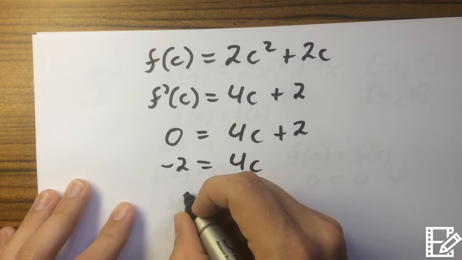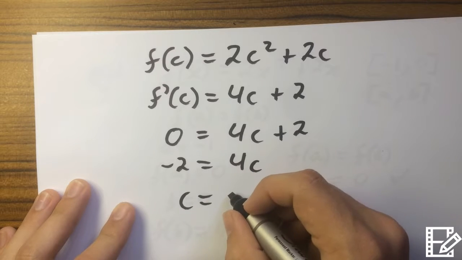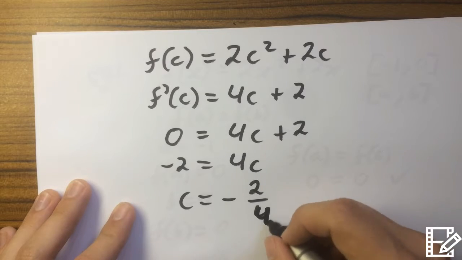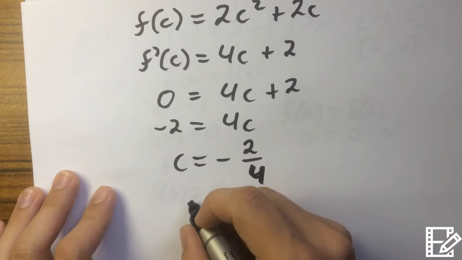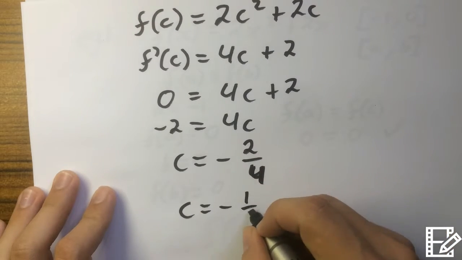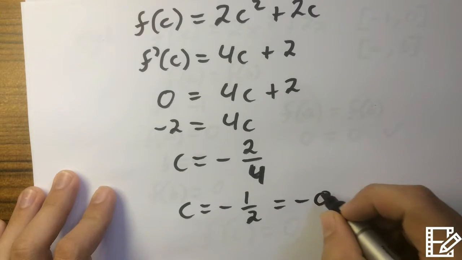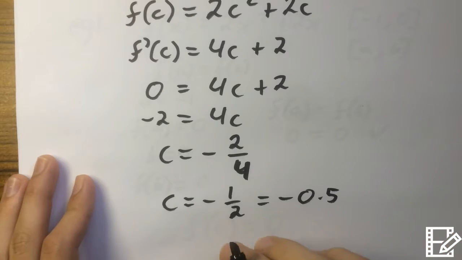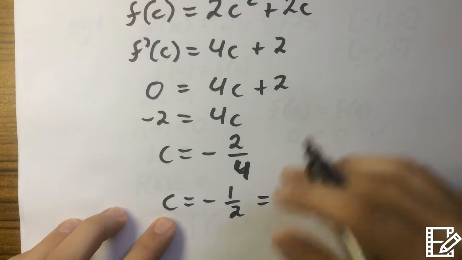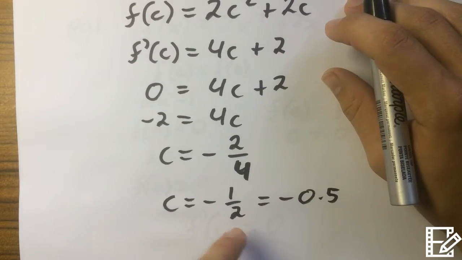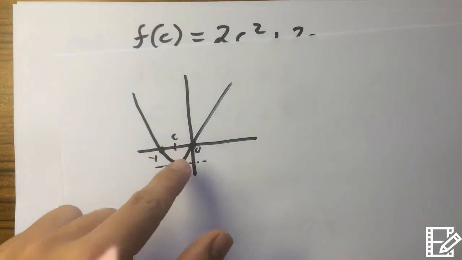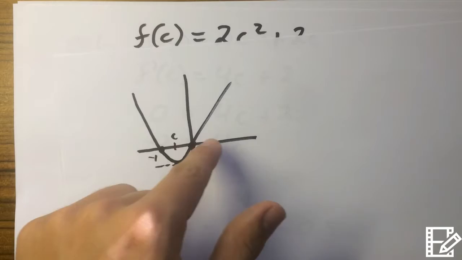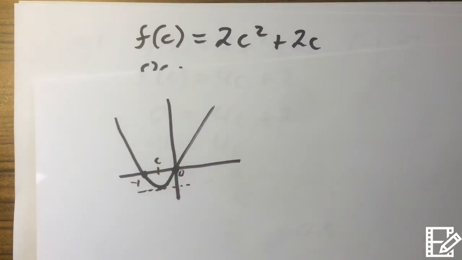Divide both sides by 4, and we end up getting c equals negative 2 on 4, which is the same as c equals negative a half, which is the same as negative 0.5. And that means at that point, c equals negative a half, the slope at that point is equal to the slope going through the 2 points, which is correct.